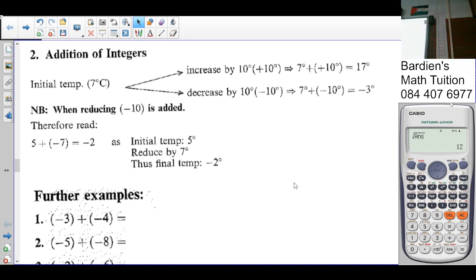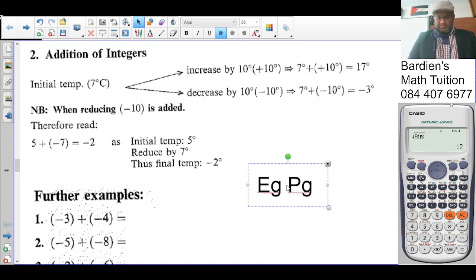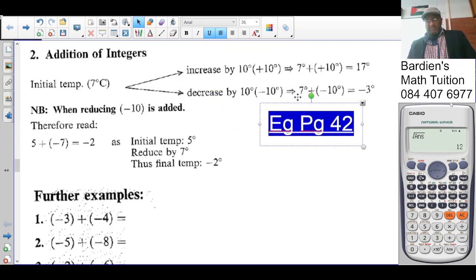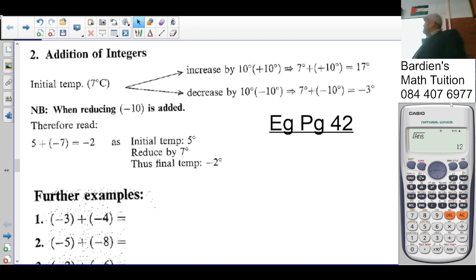So, addition of integers. We're on examples on page 42. We are told that an initial temperature of 7 degrees increased by 10, or plus 10 degrees, is 7 plus 10, which is 17.